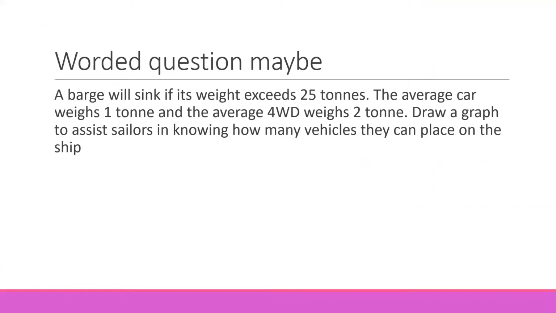A barge will sink if its weight exceeds 25 tons. So a barge is like a boat that carries things. In this case, it's carrying cars. The average car weighs 1 ton. The average 4-wheel drive weighs 2 tons.